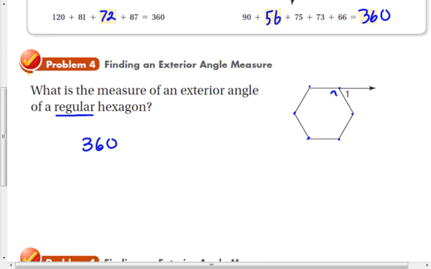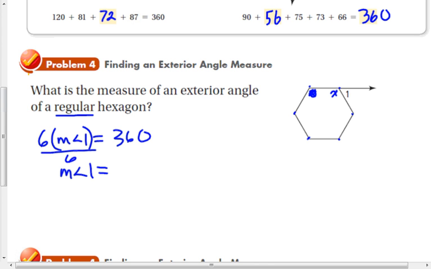So let's write it using angle 1: 6 times the measure of angle 1 is equal to 360. So the measure of angle 1 is equal to 360 divided by 6, which is 60 degrees. All right, you try that.